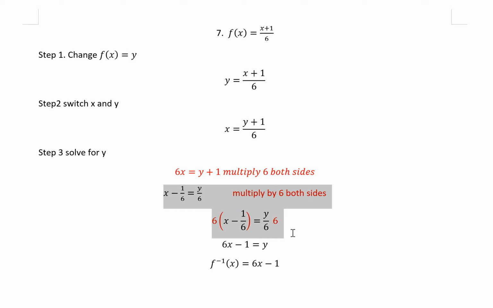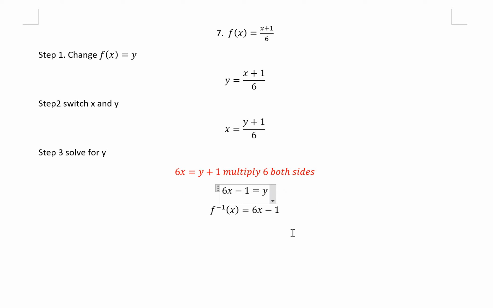So now we are going to subtract 1 from both sides. Now we got it: y equals 6x minus 1. This is how we read it: the inverse of f(x) equals 6x minus 1. That's how you're going to do it. Okay, good.